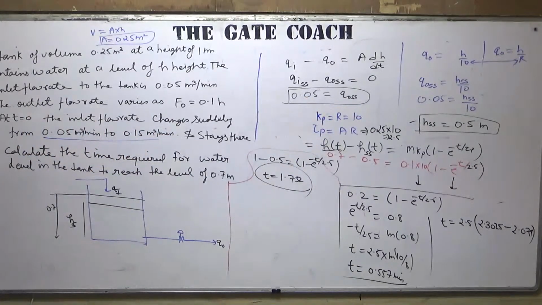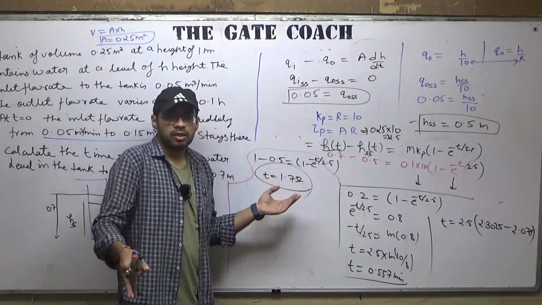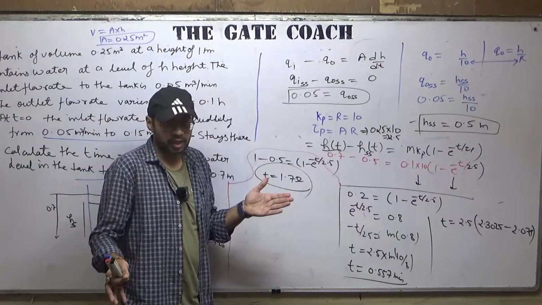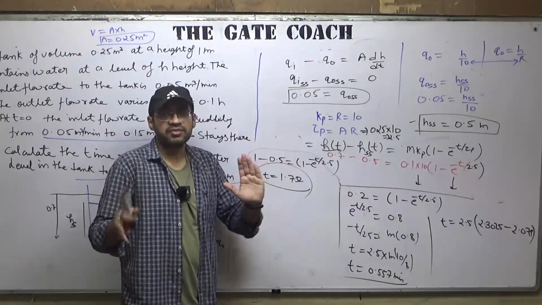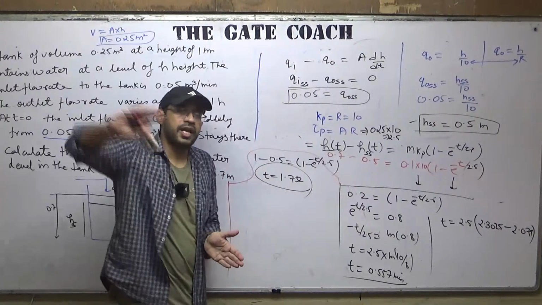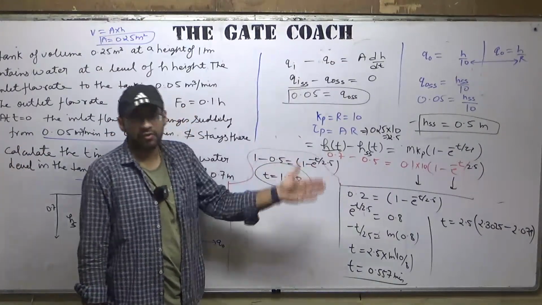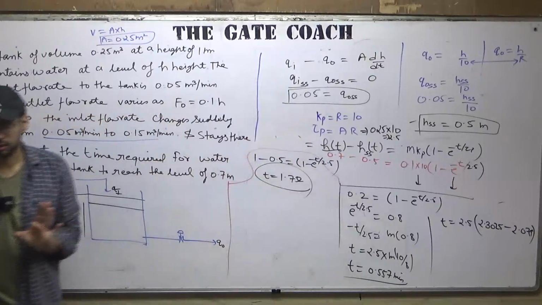So when I am saying how much time it will take to overflow, it is actually telling you the limits, within which it will behave as a self-regulatory system. Beyond that limit, it will not behave like a self-regulatory system. So it will provide you the upper and lower limit basically.